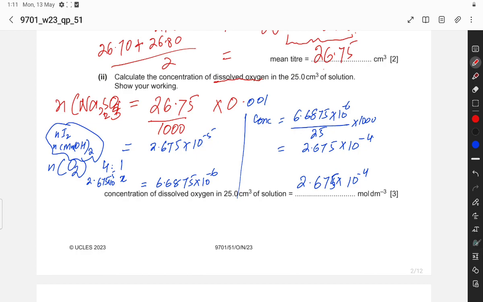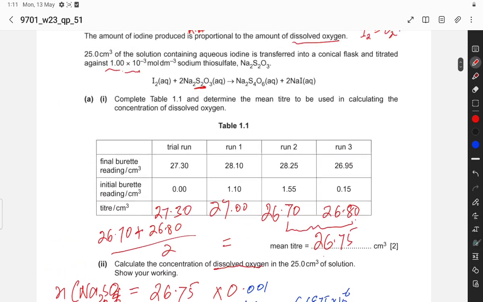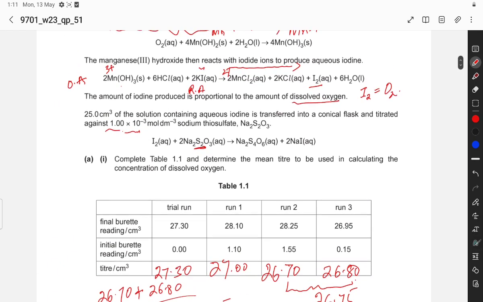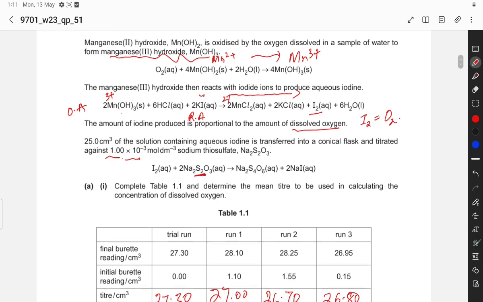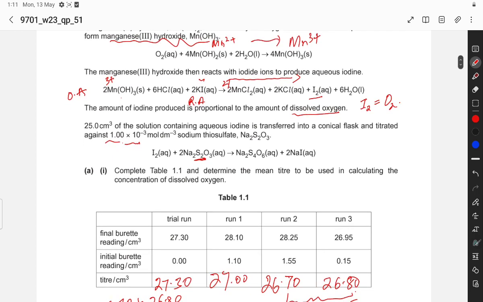So moles of oxygen: we have a 4 to 1 ratio. Moles of oxygen is 1 and moles of thiosulfate is 4.